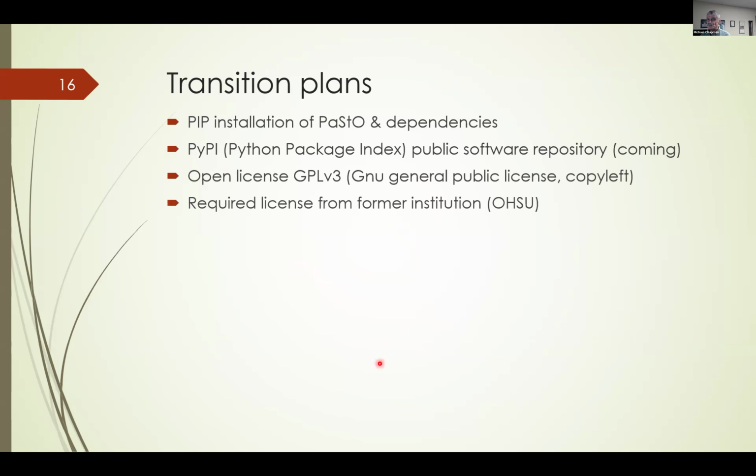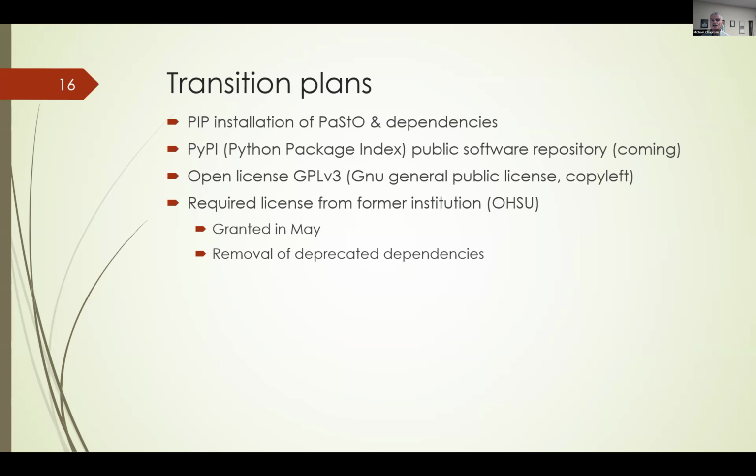Now, this requires that the license be open source, or at least copyleft. And this was a bit easier said than done, because my former institution, OHSU, held the rights to code developed for an earlier version.